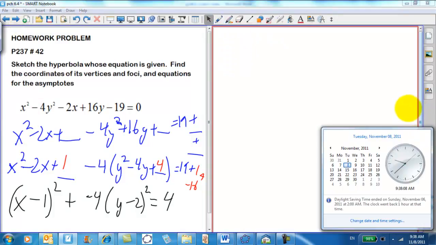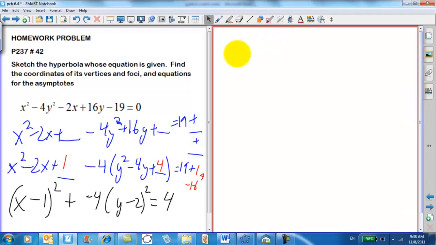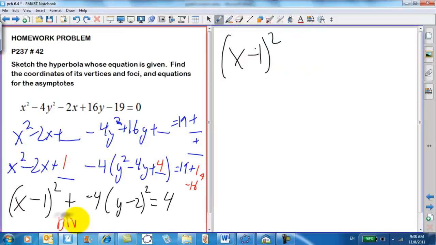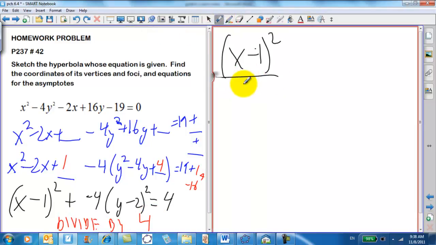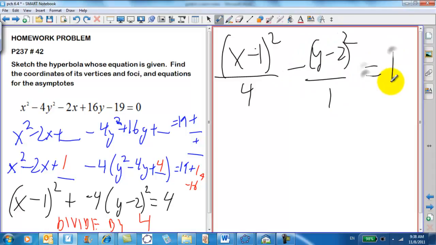I'm going to divide both sides by 4 to get 1 on the right. So we get x minus 1 squared over 4 minus y minus 2 squared over 1 equals 1.